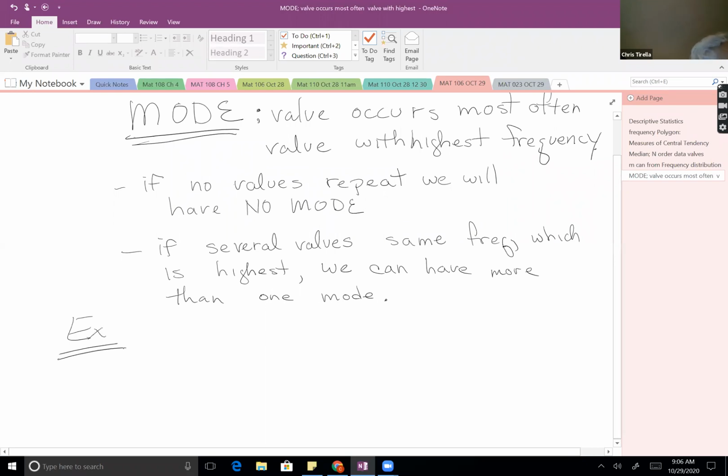So for examples, I'm going to do a little bit of flipping back and forth in our notes so far. If we look first at shoe sizes, what would the mode be?